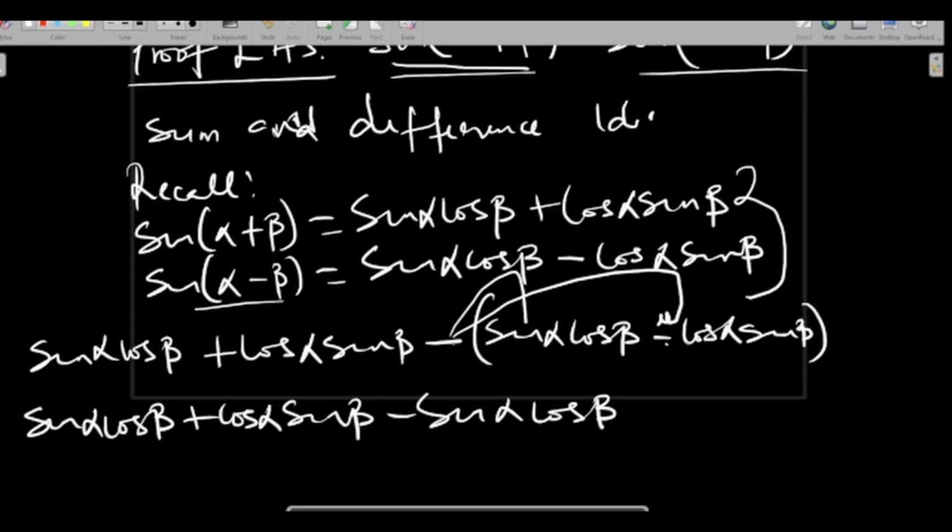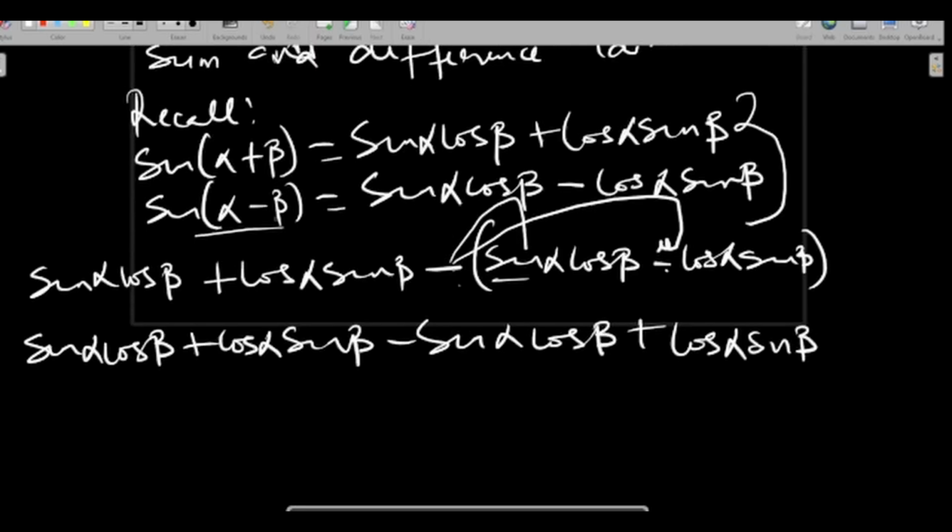Negative times negative will give you a plus. So here we now have plus cos alpha sine beta.